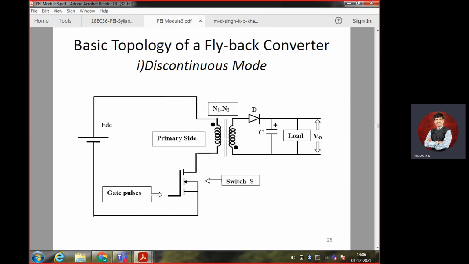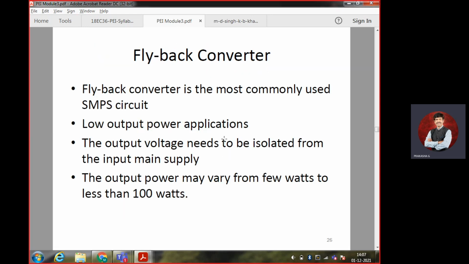So this is a simple flyback converter with respect to SMPS, where it works in the discontinuous mode, used for very low power applications. Whichever low power applications you are using, you can go for it. So the flyback converter is the most commonly used SMPS for low output power applications.